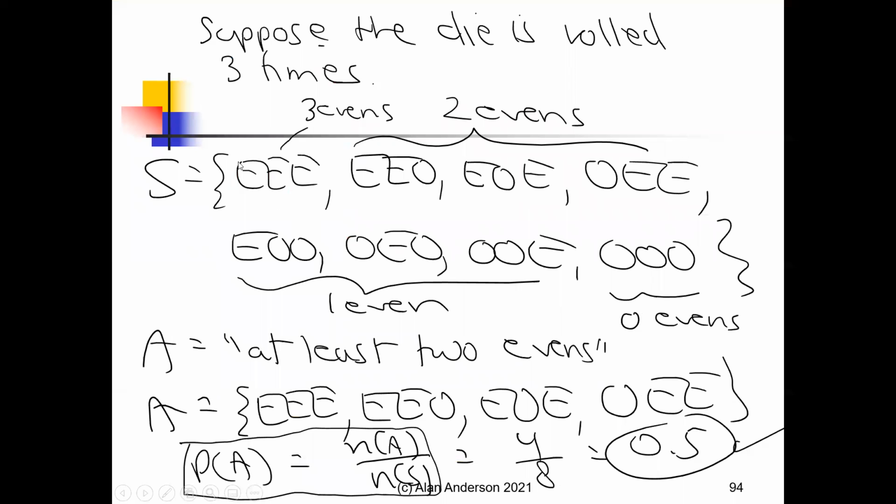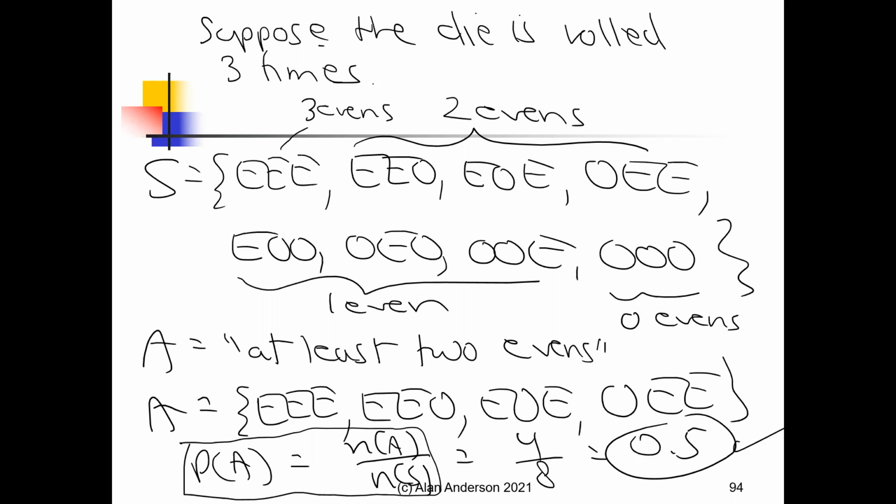And so what I've done here is I've organized them in a specific way. I've got 3 evens, and then here I have a group of 3 outcomes, each of which has 2 evens. Then I've got 3 cases where there's only 1 even, and then I've got the final case where there's no evens at all. So that's how I can break up all 8 possibilities.